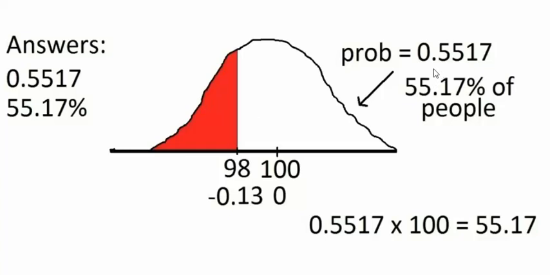And if we multiply that by 100, we find out that 55.17% of the general population is in the white area. So we have our probability of getting a person from the white area and the percentage of people who are in the white area.